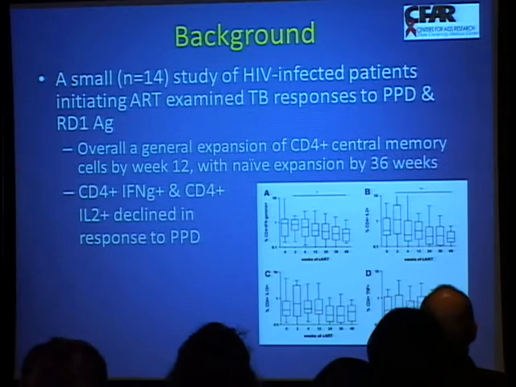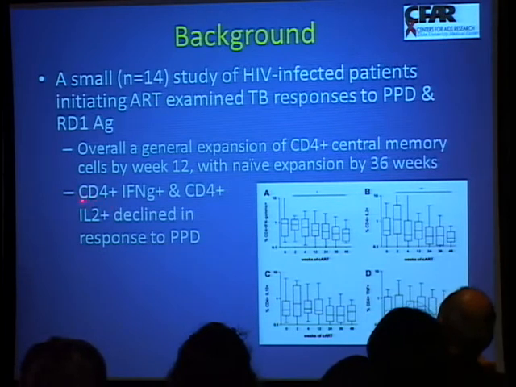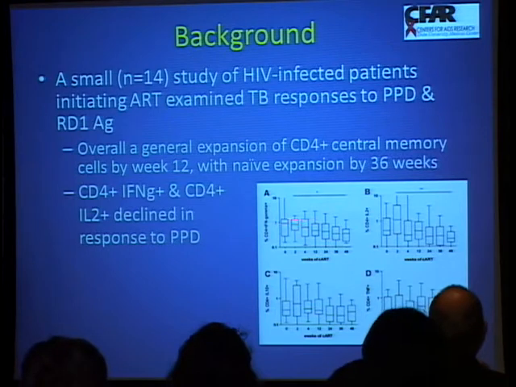And in terms of reconstitution, we have small studies that have been done longitudinally. This is by Wilkinson's group out in Cape Town, who looked at reconstitution over a number of weeks following antiretroviral therapy. And I should say these were all in patients with less than 200 CD4 counts. In short, you have a CD4 positive interferon gamma positive and CD4 positive IL-2 decline in response to PPD over time, which is represented by these downward trending bar graphs here.